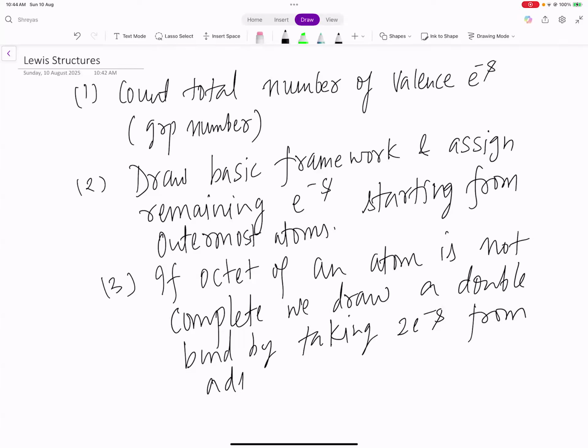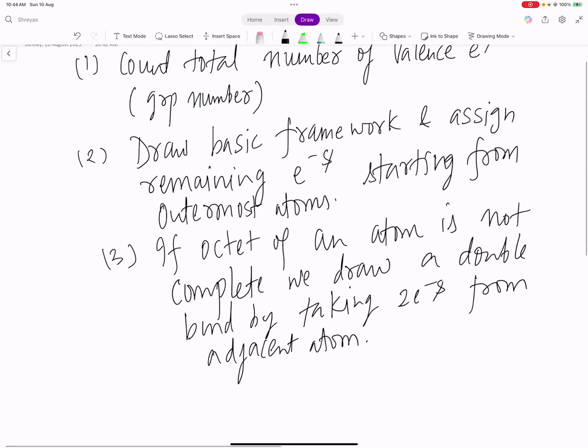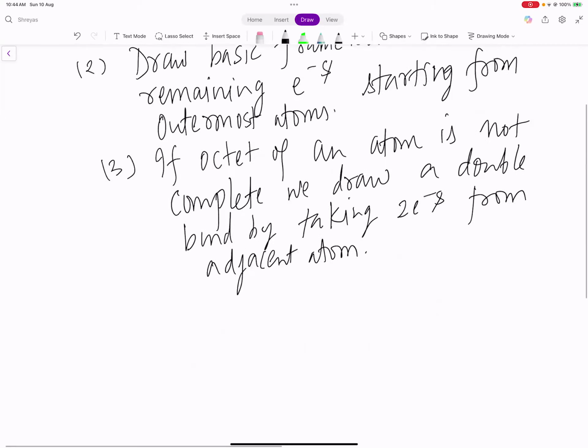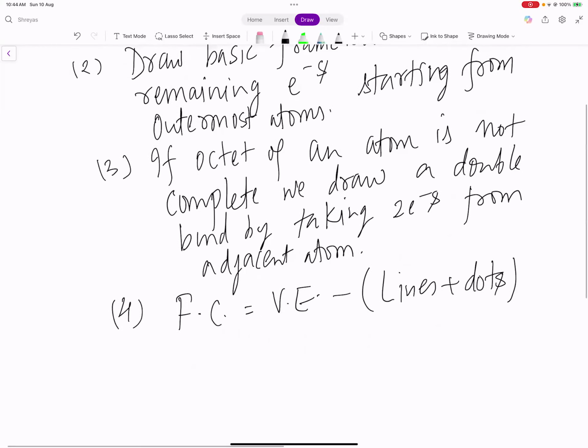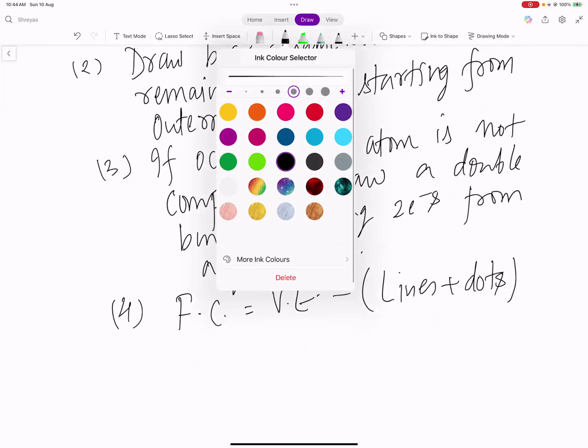I'll give you an example and it will be clear. And then we calculate the formal charge on each atom. Formal charge is given by valence electrons minus lines plus dots. So now we take an example.